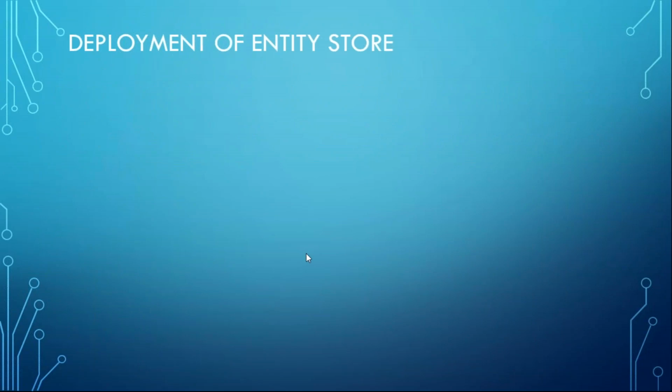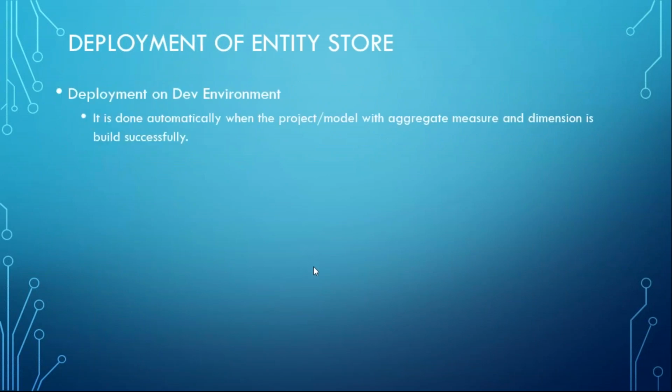So how is the entity store deployed on Dynamics 365? As you all know, in Dynamics 365 we have three kinds of environment: a development environment, a sandbox environment, and a production environment. In the development environment, when we create a project or model for the aggregate measurement or dimension and build those projects successfully, it automatically deploys the entity store to the environment.